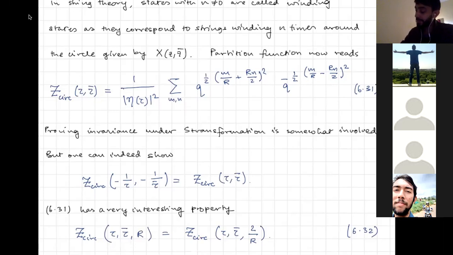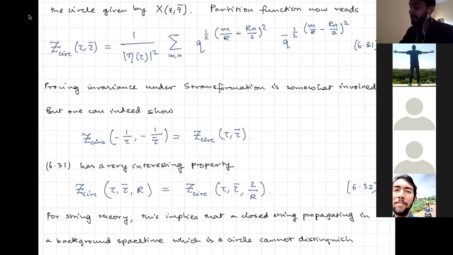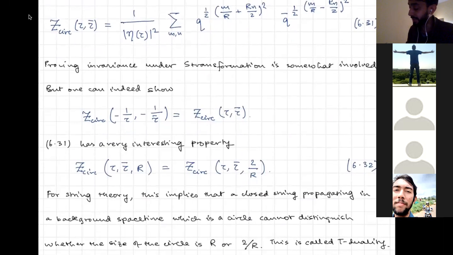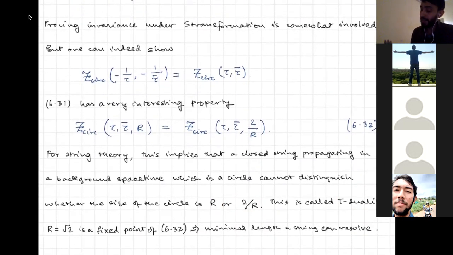This is what is actually called T-duality. From the point of view of string theory, if you wish, this implies that a closed string would not be able to distinguish a circle of size r from one of size 2 over r. So that as well means okay.